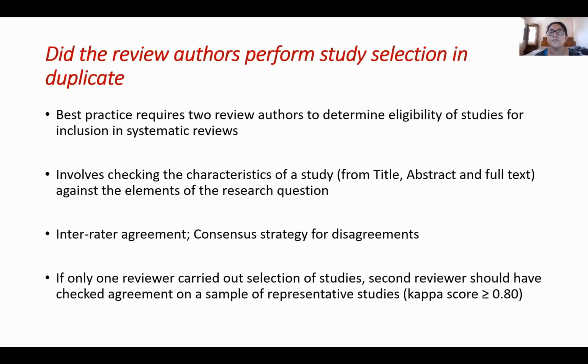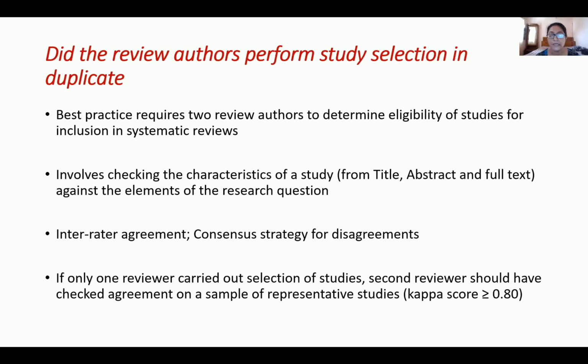Did the review authors perform a study selection in duplicate? So when the study selection is done, the best practice is that 2 review authors should determine the eligibility of studies for inclusion in systematic reviews. So the 2 authors should do it independently, deciding which studies are appropriate for inclusion. Therefore, this involves checking the characteristics of a study from the title, abstract, etc., against the elements of the research question.